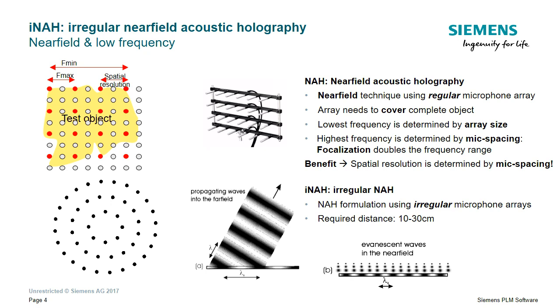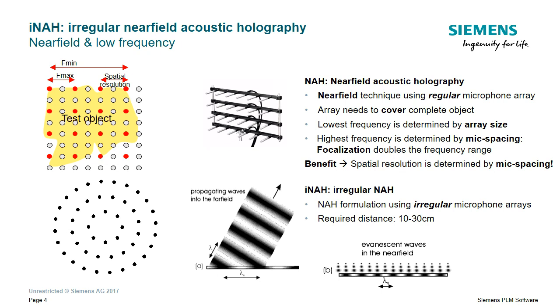Now, the holography method can actually be reformulated such that it fits microphones with an irregular microphone spacing. And for beamforming, we like to have these spherical or circular microphone arrays where the microphones are not spaced regularly.